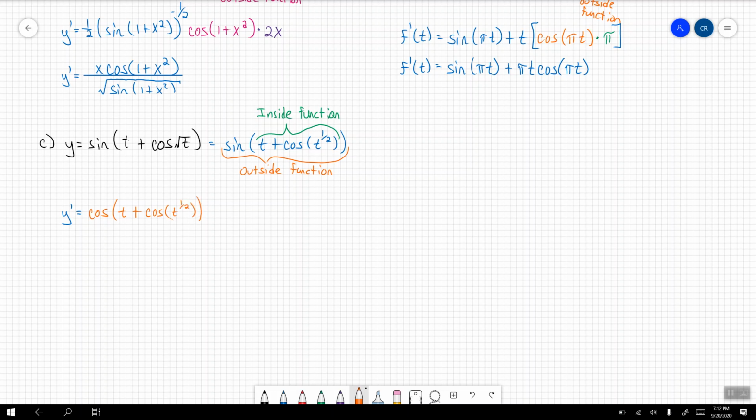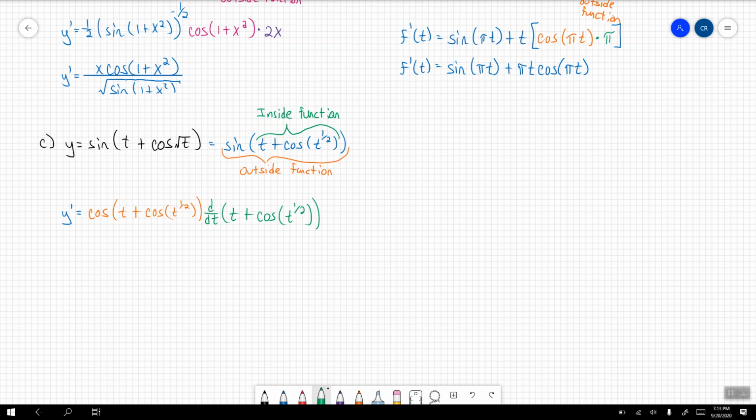That's my first derivative for that outside function. Next, I need the derivative of the inside function. And that one's a little bit more complicated. That one's going to be t plus cosine of t to the power of 1/2.